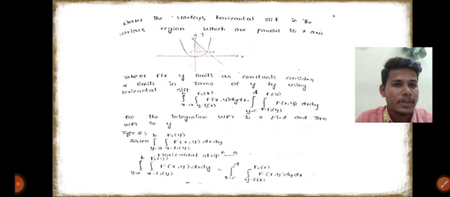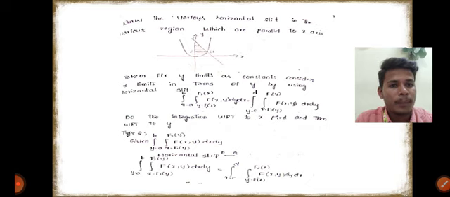Consider the x limits in terms of y by using the horizontal slit. So the integral from x equals a to b, y equals f1(x) to f2(x) of f(x, y) dy dx becomes the sum of integrals from y equals c to d of f(x, y) dx dy. Do the integration with respect to x first and then with respect to y.